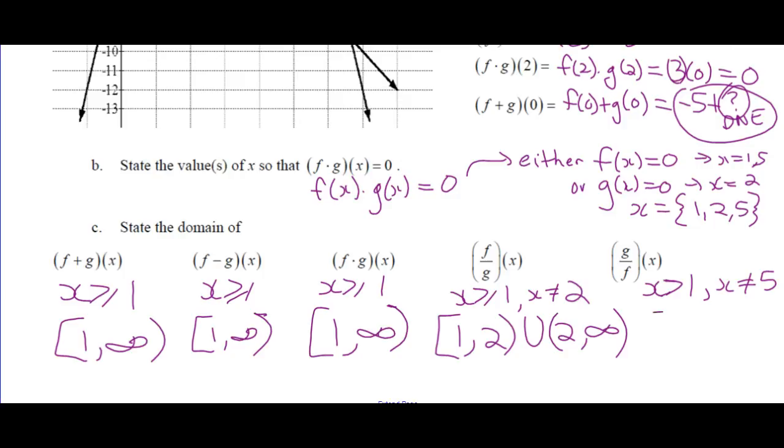So greater than 1, so we have an open parenthesis. Can't be 5, close parenthesis. Can't be 5, open parenthesis, and to infinity.